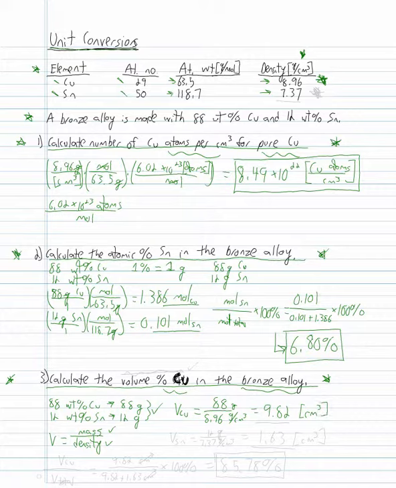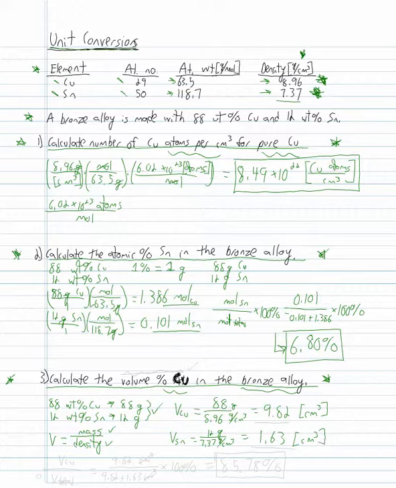And we'll do the same thing for the tin. So we have 12 grams of that, and we look again at the density in the table up here, and that's 7.37 grams per centimeter cubed. And plugging that in, we find it is 1.63 centimeters cubed.